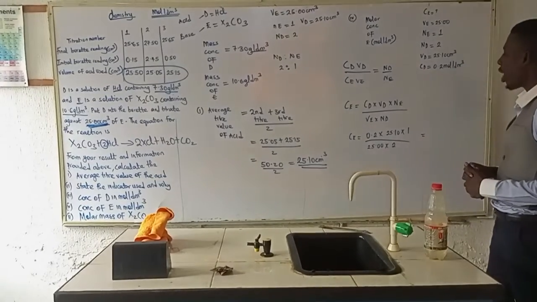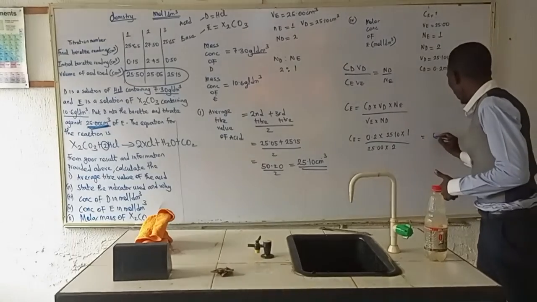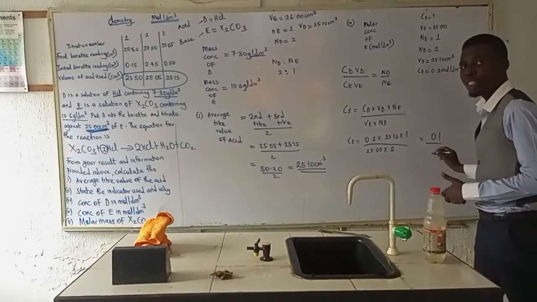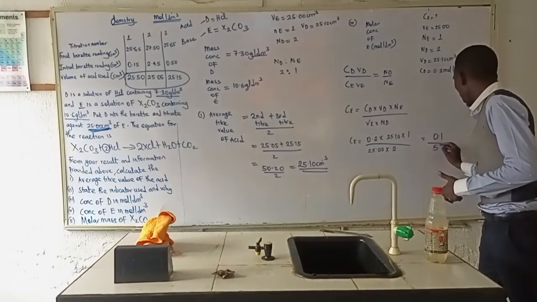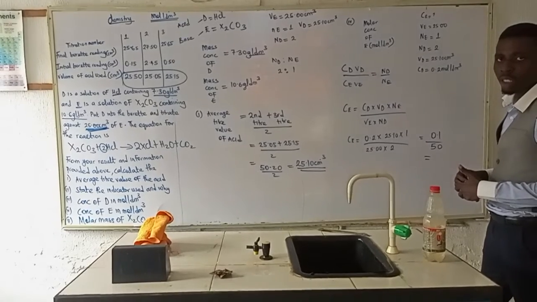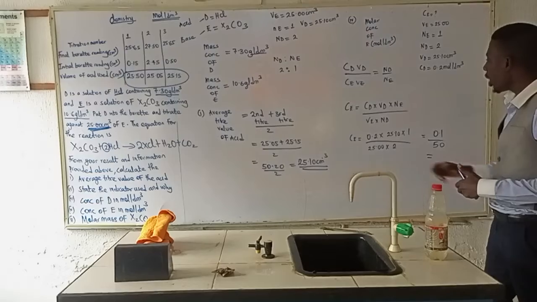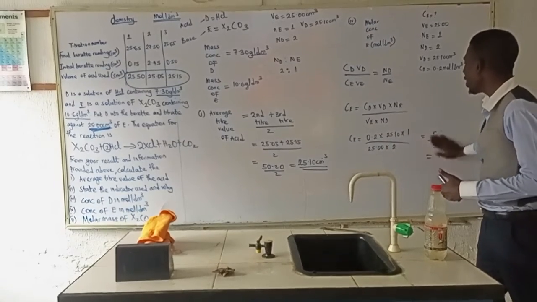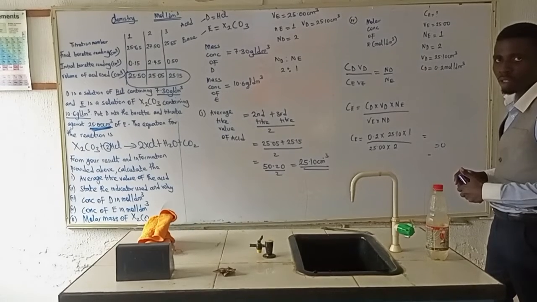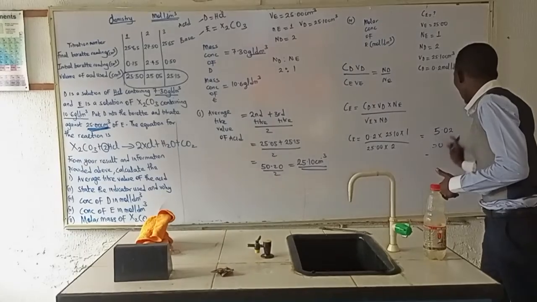0.2 times 25.10 times 1 is what? 5.02. The upper side is 5.02.